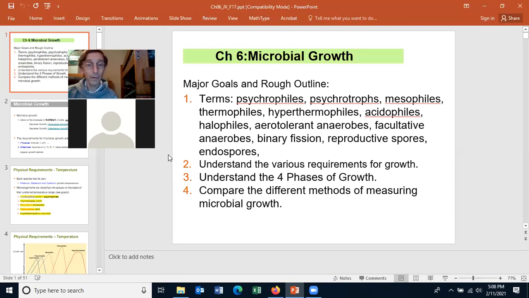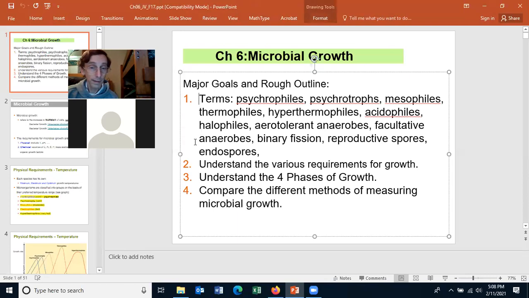I always start out with a slide showing you the major goals for the lesson and the rough outline. As always, know the terms. I'm not going to speak about them this time because I'm trying to go through this lesson rapidly.